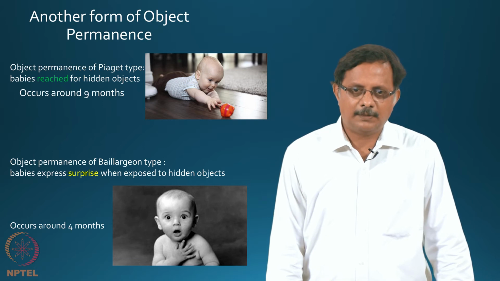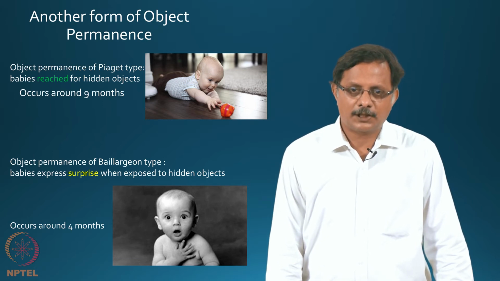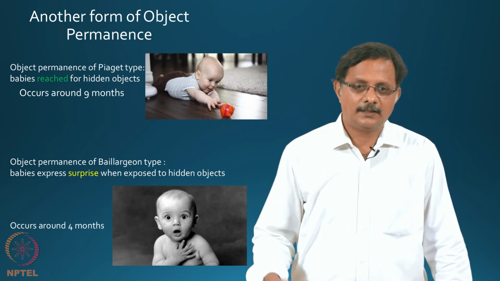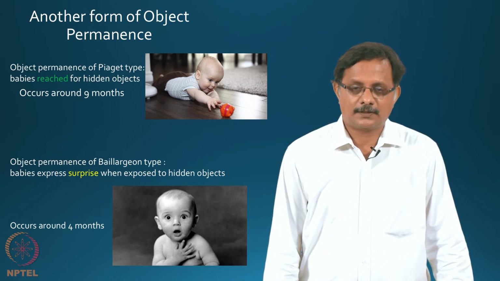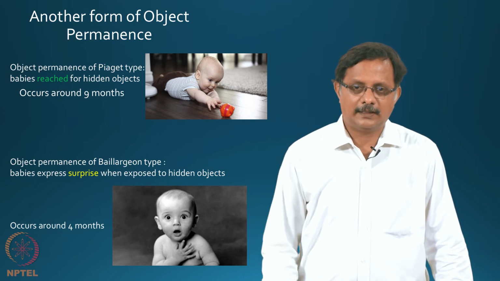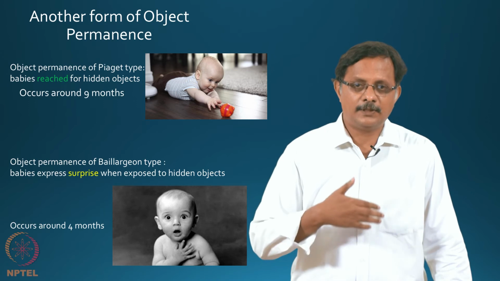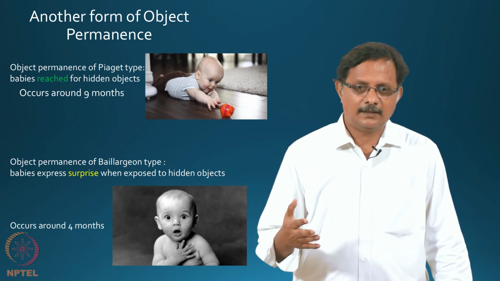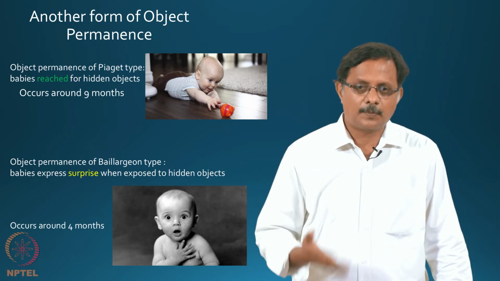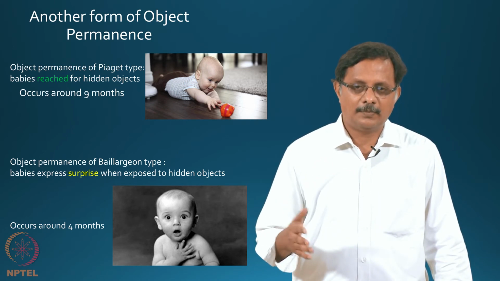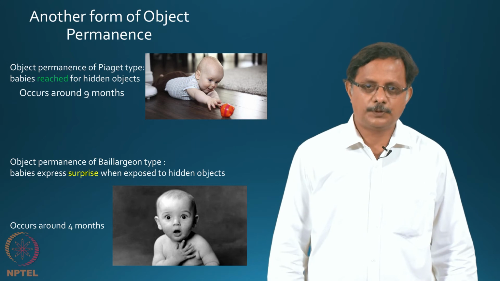He found that babies express surprise when exposed to hidden objects, and this kind of object permanence can be observed even around 4 months. So at an early stage they show the capability of object permanence simply by expressing surprise, but at a later stage they show the same proof by actually reaching out to a hidden object.